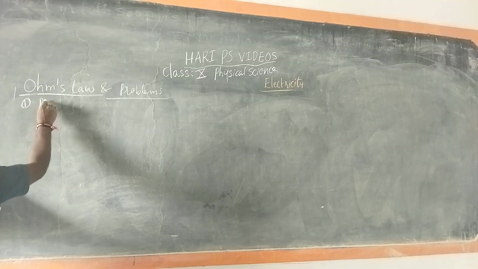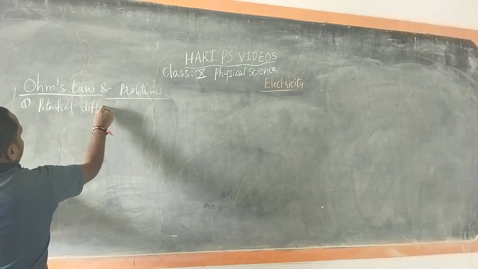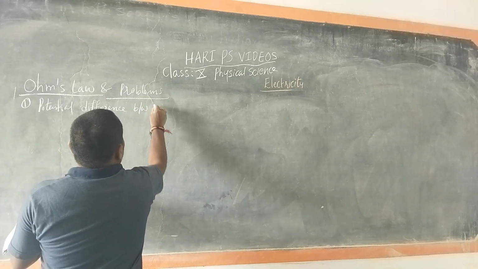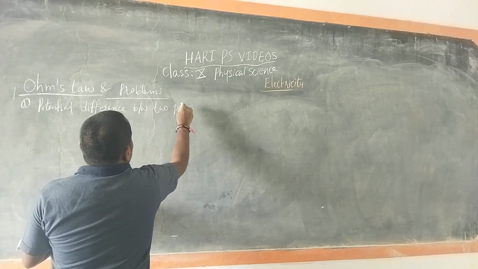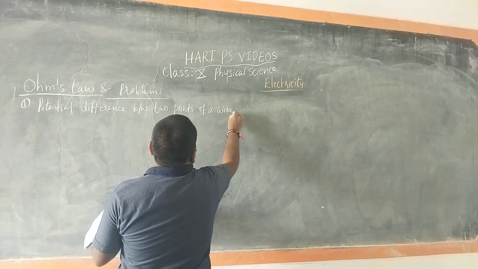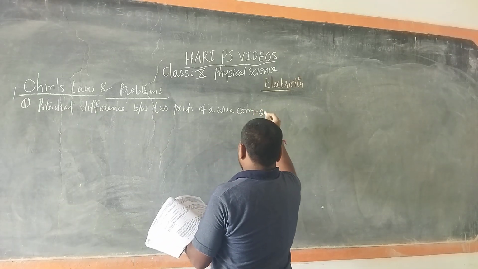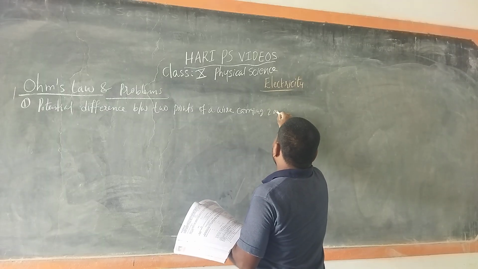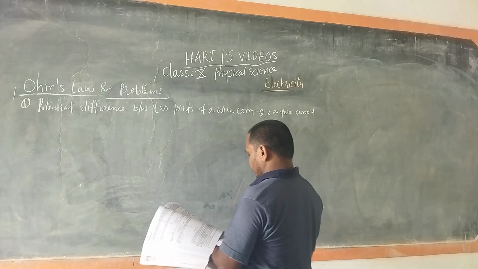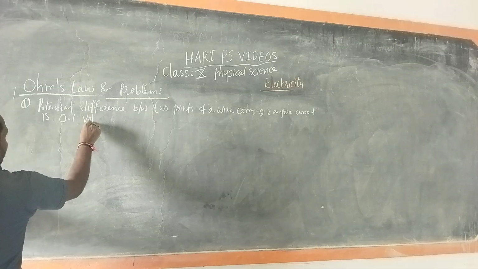The first problem: the potential difference between two points of a wire, carrying 2 ampere current, is 0.1 volt.